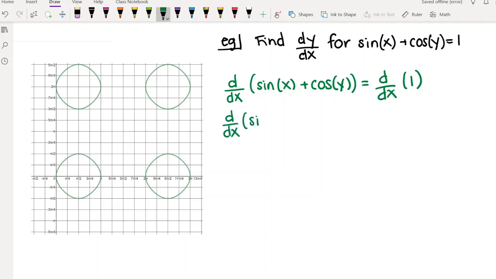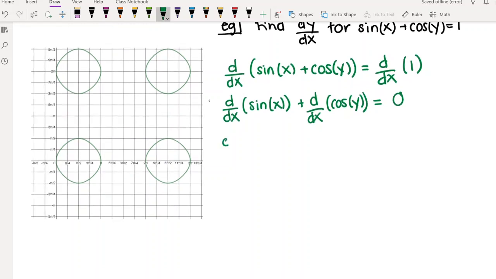We're taking the derivative of sine of x, the derivative of cosine of y, and then the derivative of 1, well, that's just equal to 0. Okay, so as we saw in the last example, when you take the derivative of something that only contains x's, it's the same kind of derivative we always do. So the derivative of sine of x is going to be cosine of x.